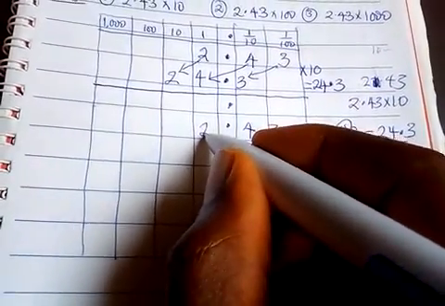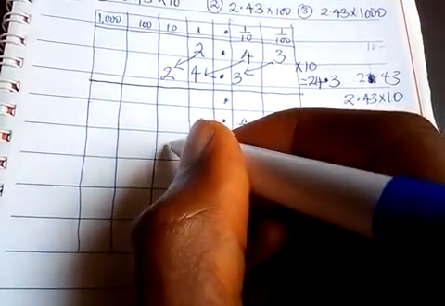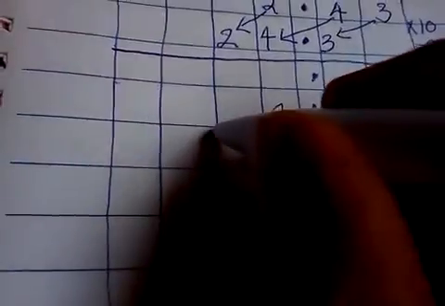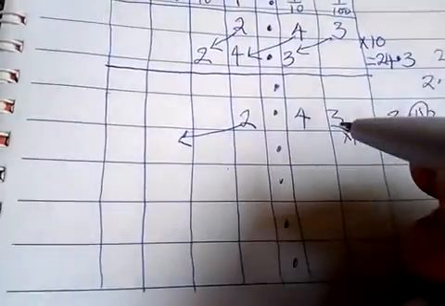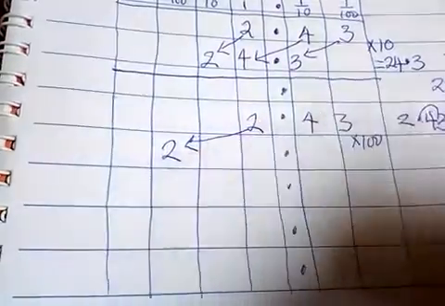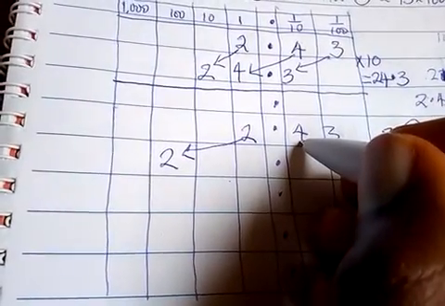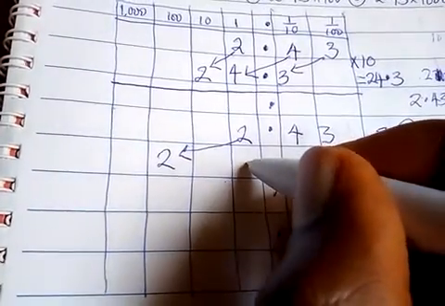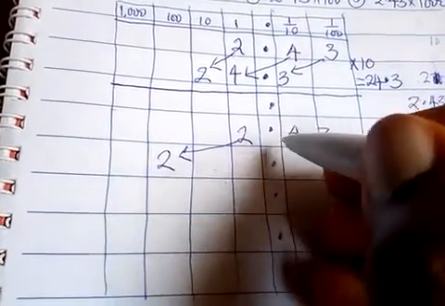This 2 will come 1, 2. So we'll put it here. This 4 will come how many times? 1, 2.